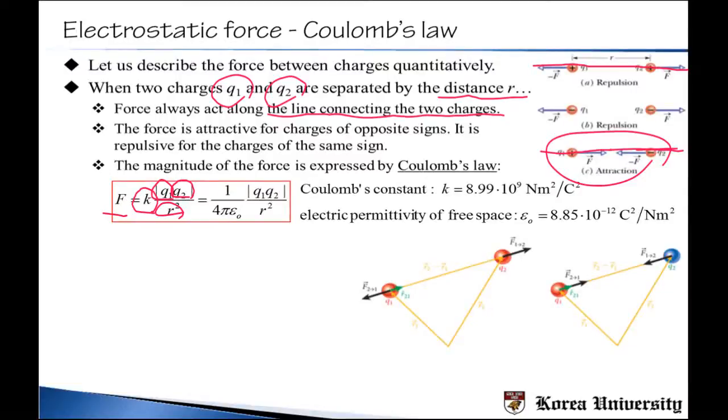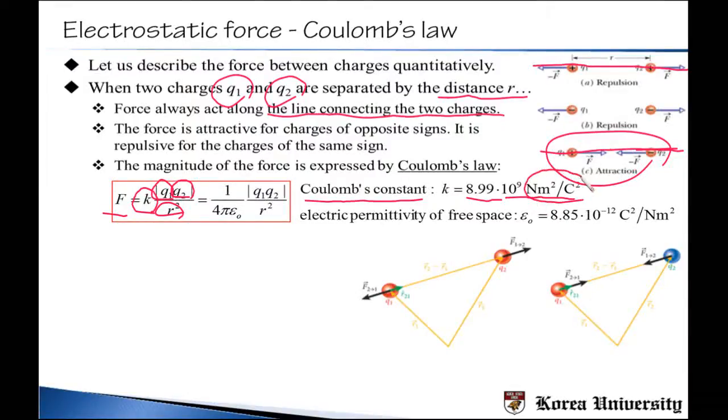This proportionality constant has a name, Coulomb's constant. Numerically, it is equivalent to 8.99 times 10 to the power of 9 Newton meter square per Coulomb square. Let's think about why this constant has a very strange unit.